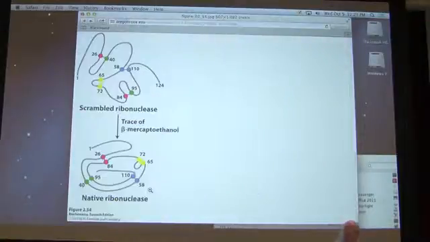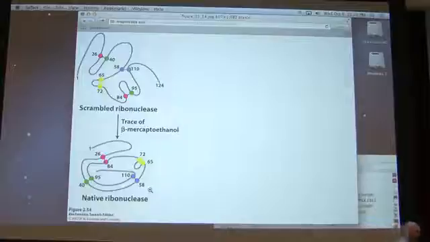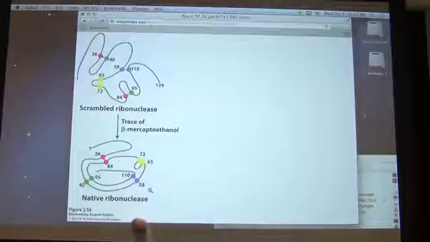Now, ribonuclease is a pretty interesting protein, as I said earlier, because ribonuclease teaches us and reminds us about the importance of primary structure, primary sequence of amino acids. So this is related to a couple of the questions that I had earlier, so let me step you through this. Let's say I've got a ribonuclease.